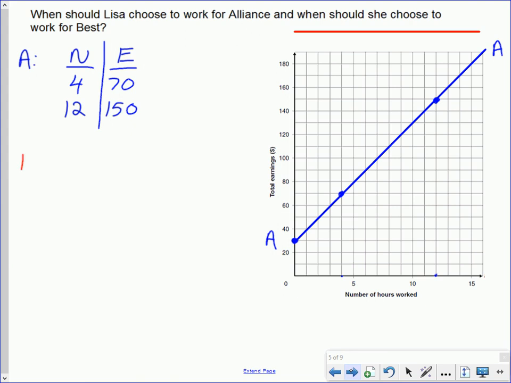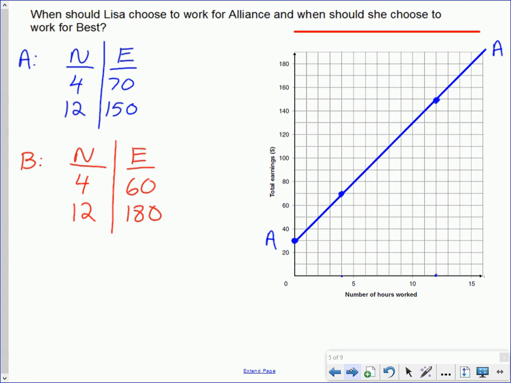Well, what information do we have for Best Industries? We know that when the number of hours was 4, the earnings were $60. When the number of hours was 12, the earnings were $180.